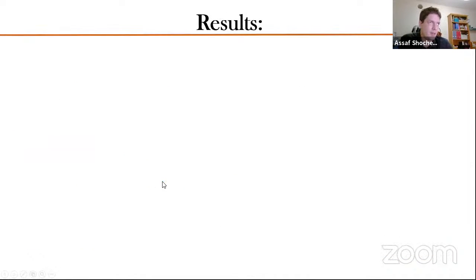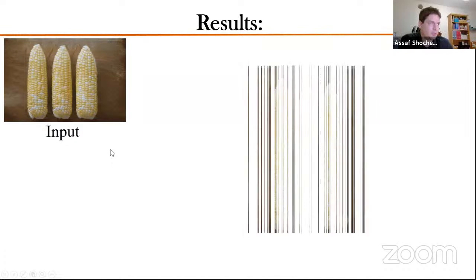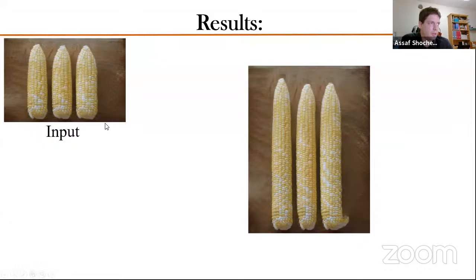Nice. I'll try to demonstrate some results and explain what we're actually seeing. If we stretch this image using INGAN, you can see that this is not stretching per se. The corn seeds are the same size, we just have more of them.